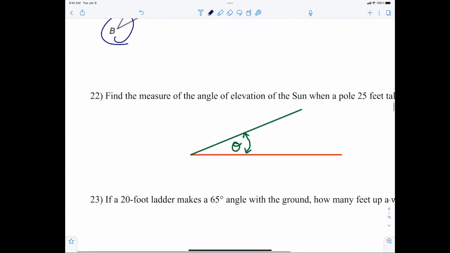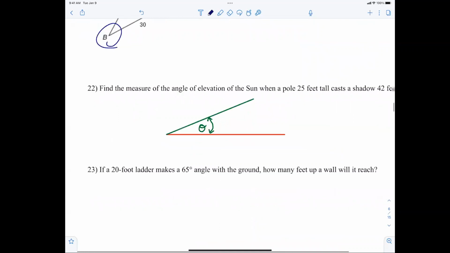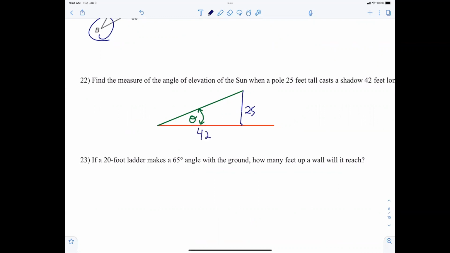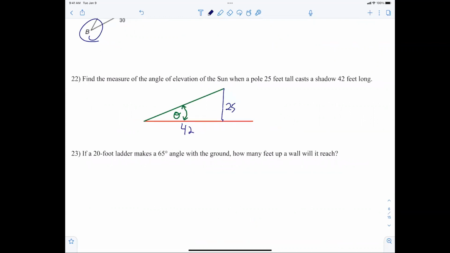All right, let's look at 22. When the pole is 25 feet tall, here's my drawing. This is 25, casts a 42-foot shadow. So what's the angle of elevation? Tell me, Sebastian. 30.7. Yeah, but what trig function?